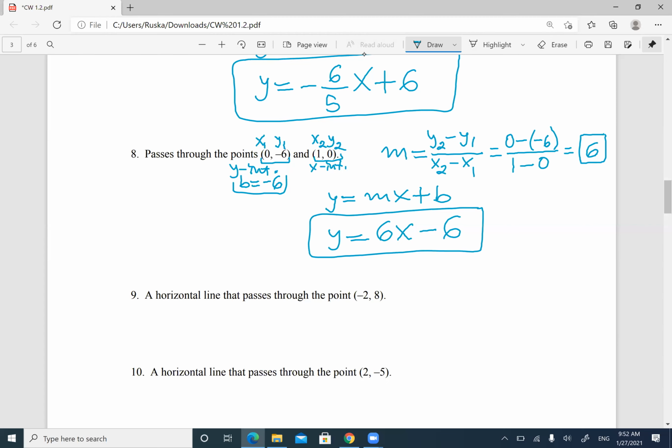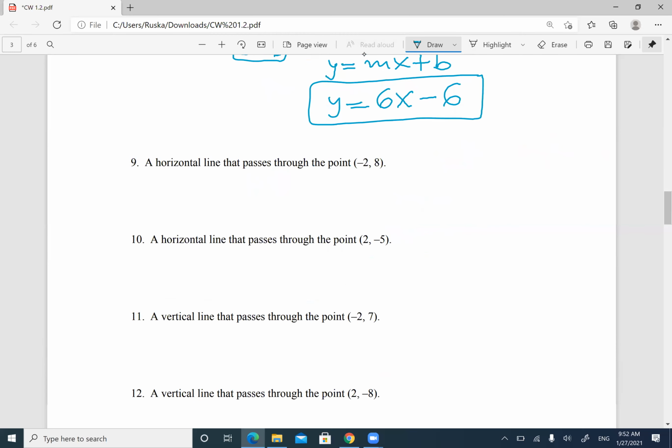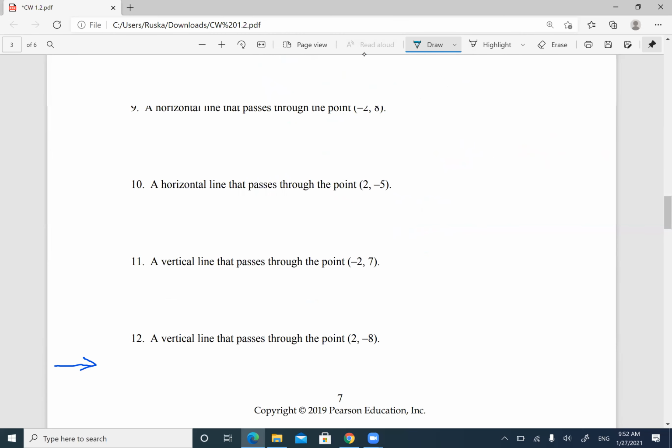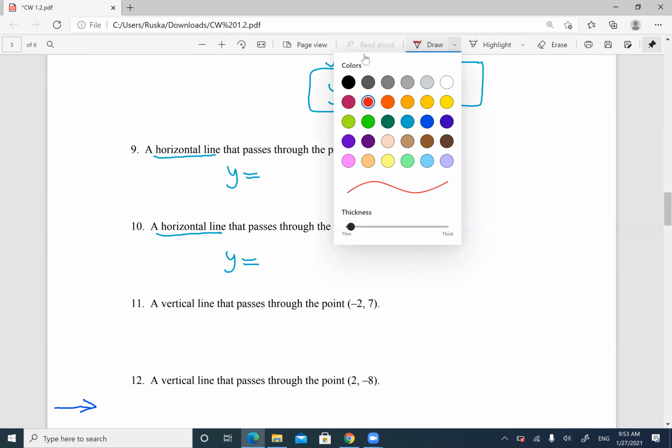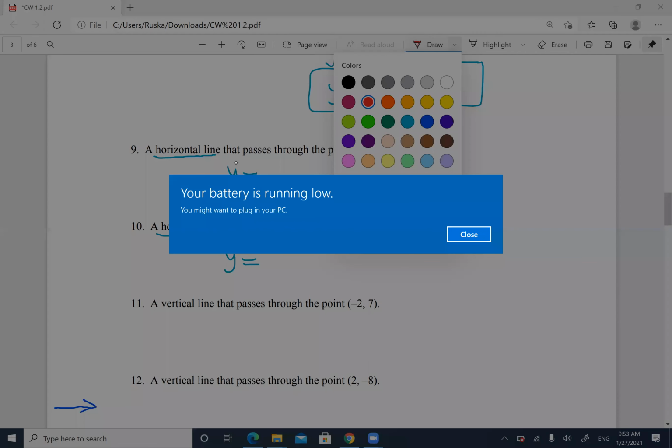Okay? And then the next few questions are about horizontal and vertical lines. So what you need to remember, for a horizontal line, the equation is y equals a number. Because that's what is in the formula at the top. If you look at the top of the notes, the horizontal line is y equals number.